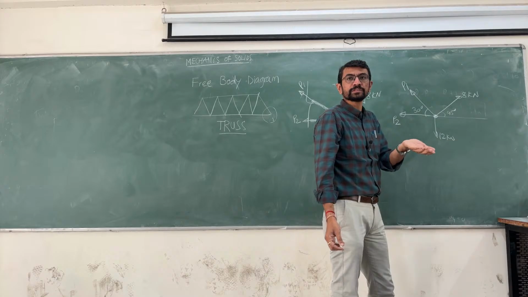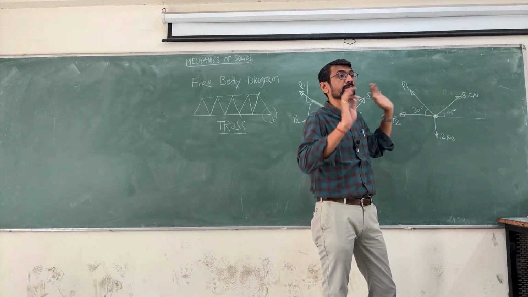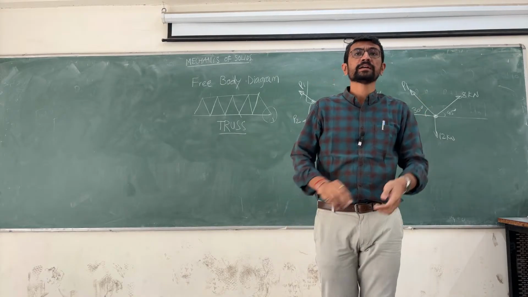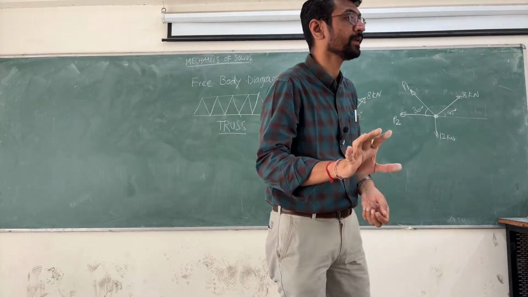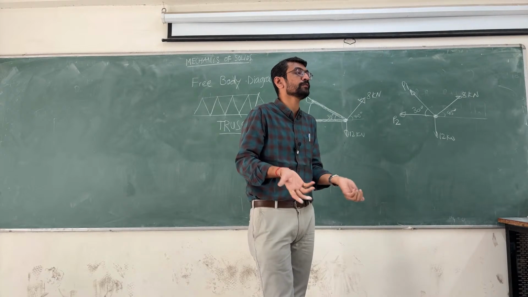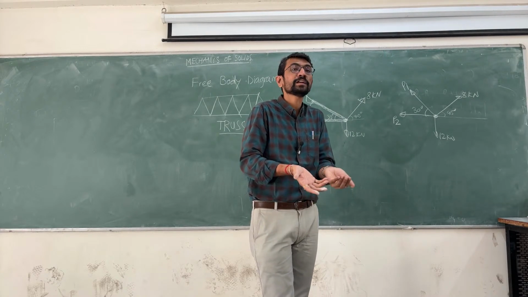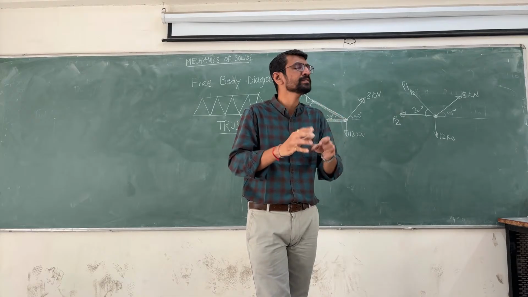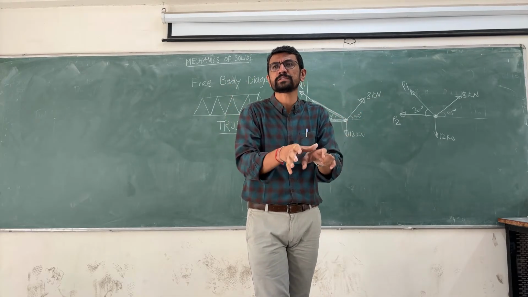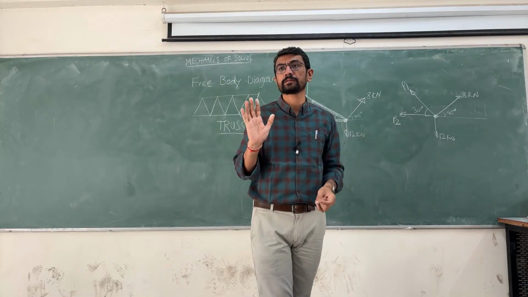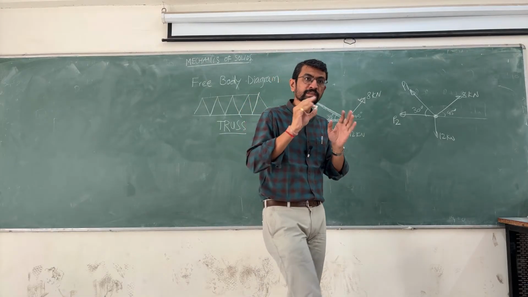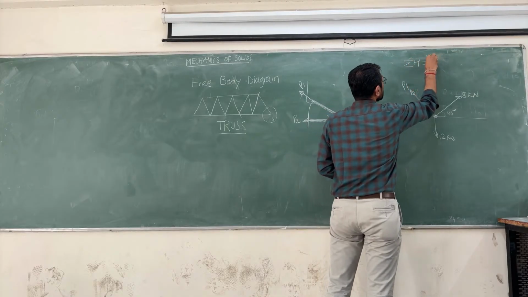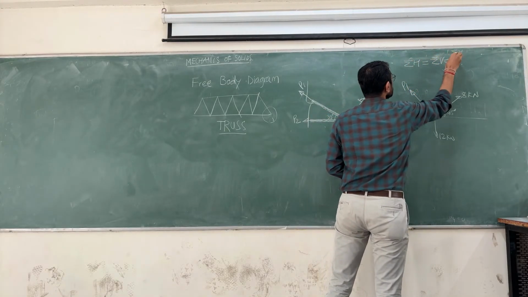How to resolve the forces? Here we are not calculating resultant. Once it is said that system is in equilibrium, it means that there is no resultant force. It means that all the forces which are acting on that system are balancing each other. So system is in equilibrium means that summation of H equals summation of V equals 0.